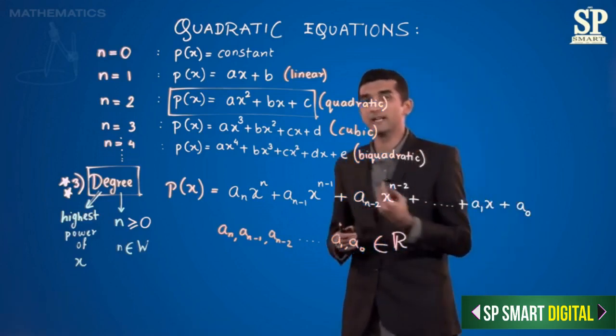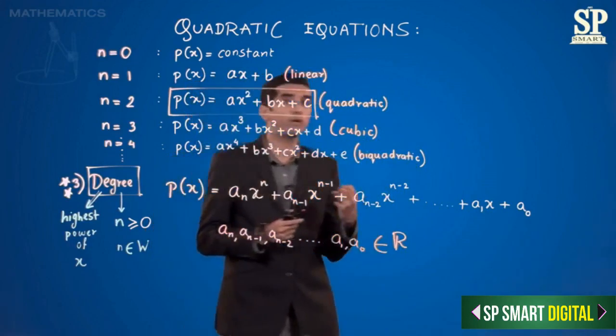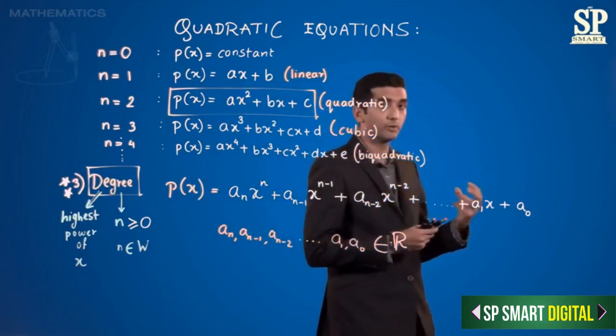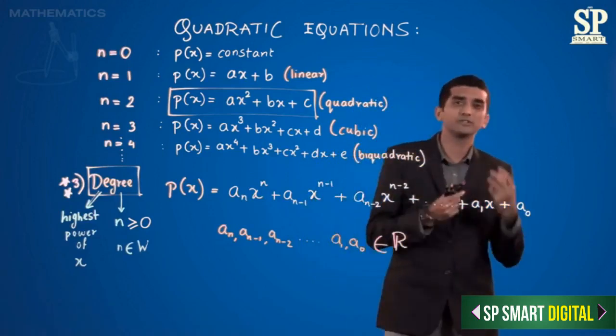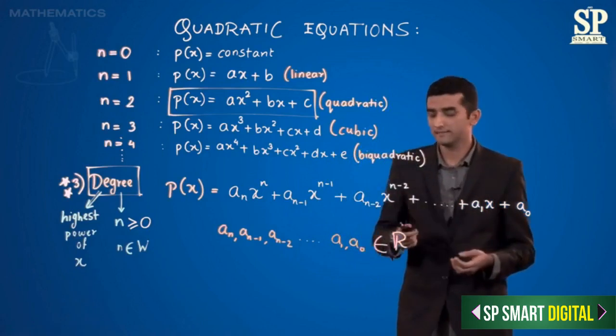As I had said at the start of the chapter, equation means equating to a particular value, to a particular number, and generally that value is 0. Now why is that? Let's see.